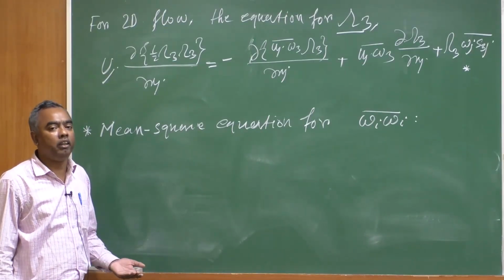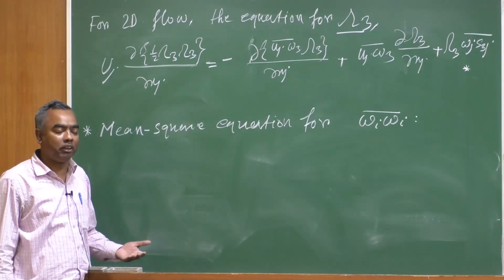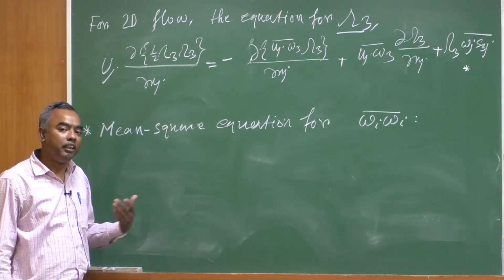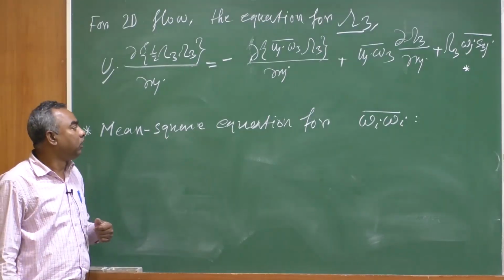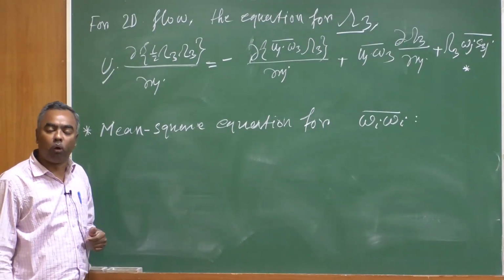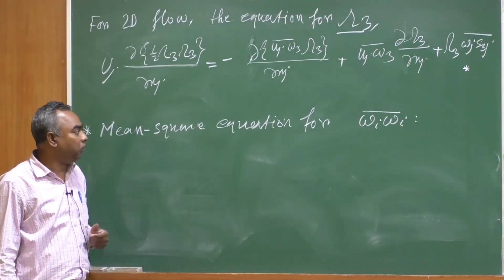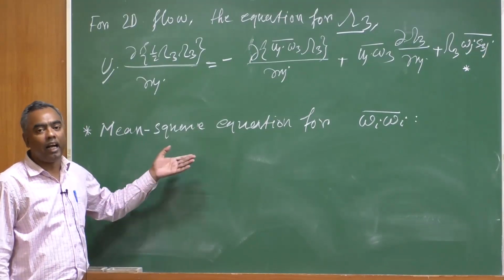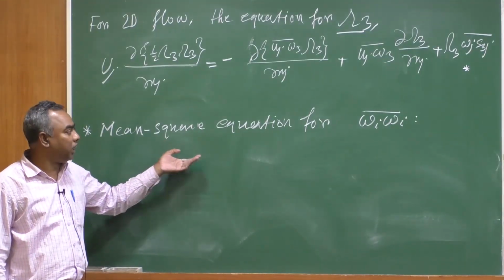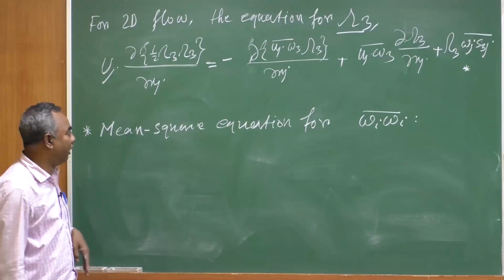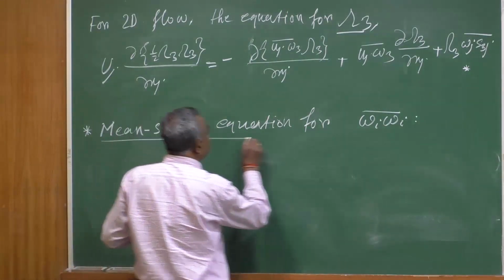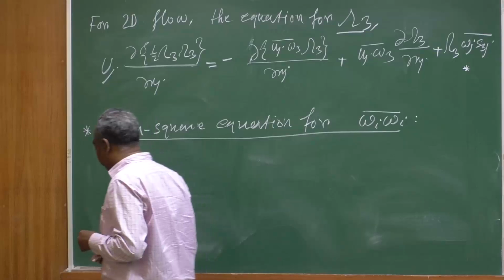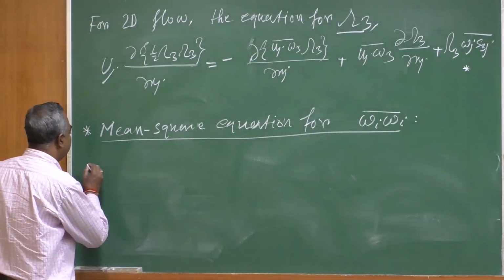The way we derived the turbulent kinetic energy equation, in the same way the derivation of this turbulent entropy equation is also possible. So, you try, and I am going to share the derivation with you later by email. So, this is what we have to do to get this equation, and if I write it, this is what we will get here.